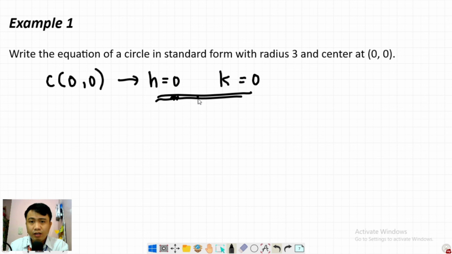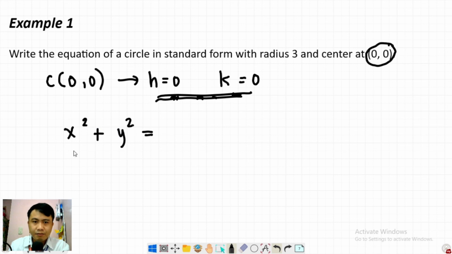Kahit hindi ka na bumalik dun sa ating previous equation, yung standard form na mayroon pang h and k, basta alam natin na ang center ay 0, 0, ang gamitin nyo na lang na equation, ito na lang. Kasi nga sabi ko sa inyo kanina, fixed na po yan.